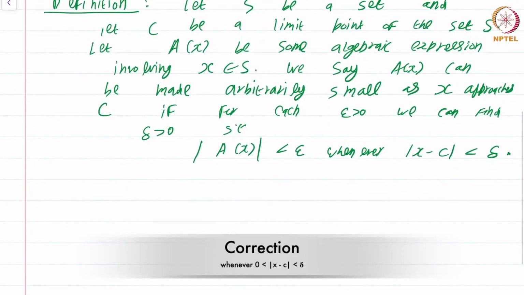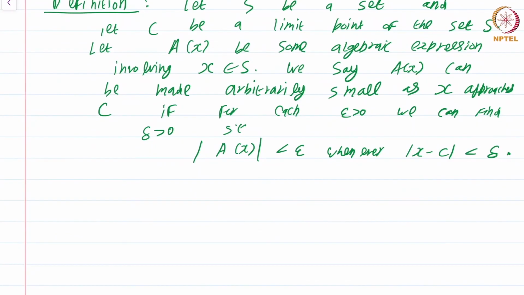This is just giving another meaning for the term limit. This is just saying that the limit as x goes to C of A(x) is 0. We are just calling it "can be made arbitrarily small."